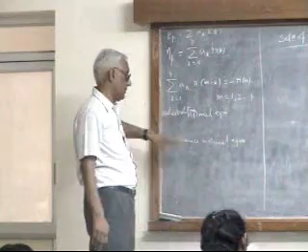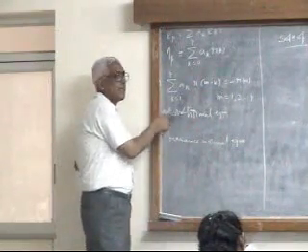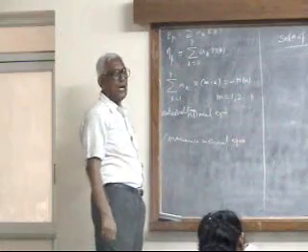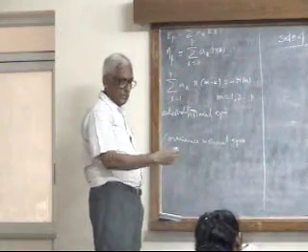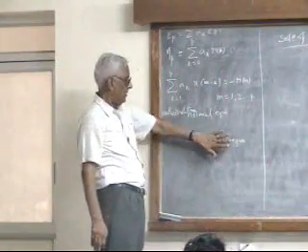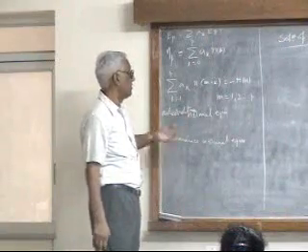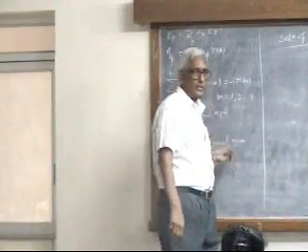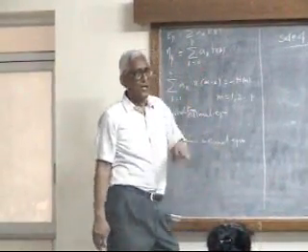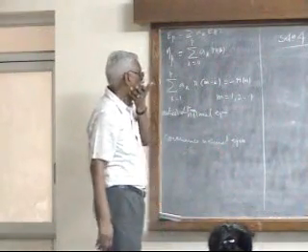Anyway, the point here is you will get similar equations and similar solutions, but the values will be different. We are not considering this part in this course, but I want you to understand the difference between these two, because in books you will find both of these discussed in great detail.